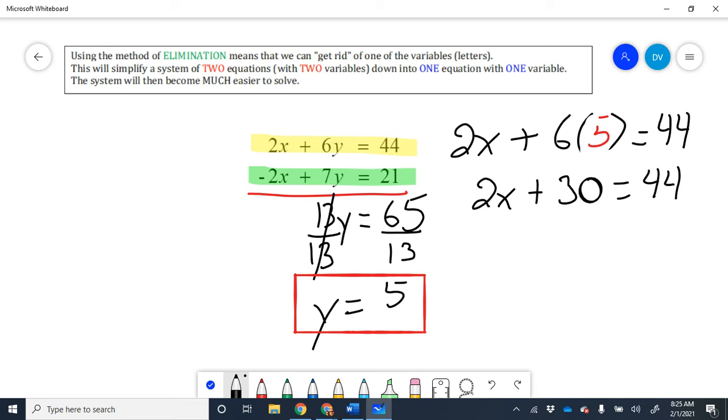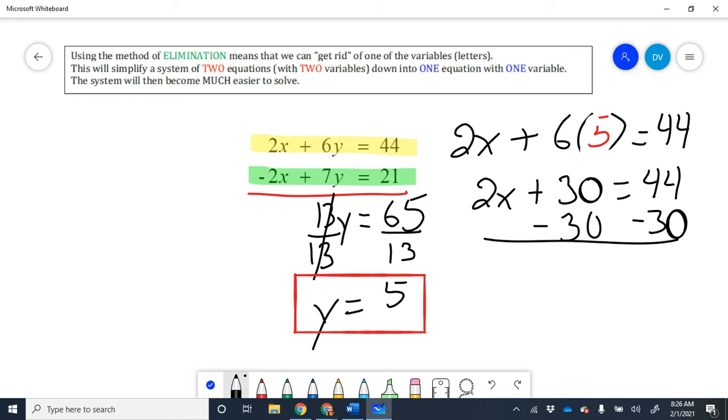Now what can we do to simplify this and get the part of the problem that has x by itself? Well, since they've added 30, we can subtract 30 from both sides. What will we get when we subtract 30 from both sides?